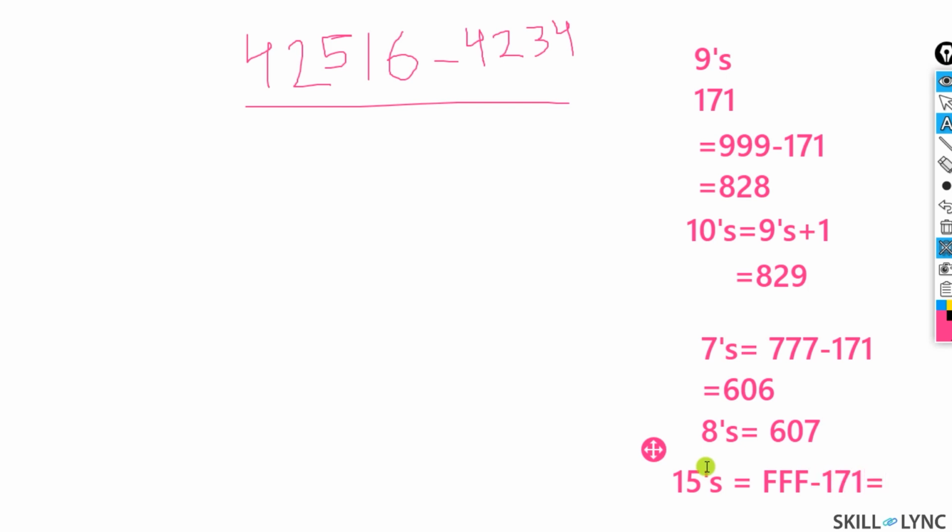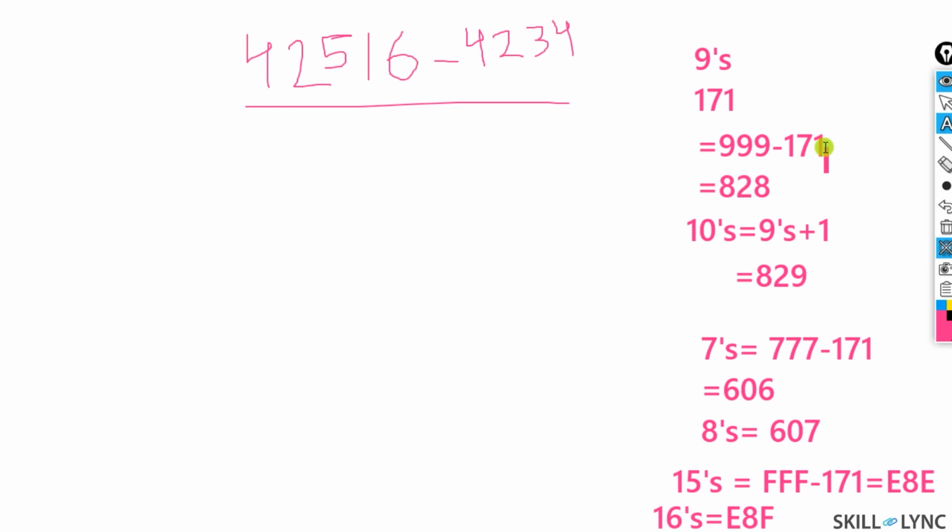Now it is equal to F minus 1 is E, so E8E. And the 16's complement will be the same thing, 15's complement plus 1, so it will be E8F. So I have told you how to find the 9's, 10's, 7's, 8's, 15's and 16's complement, because these kinds of operations are needed for complement subtractions.